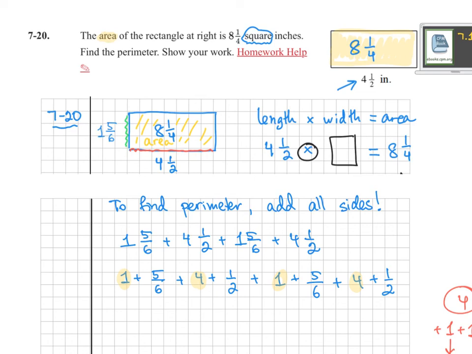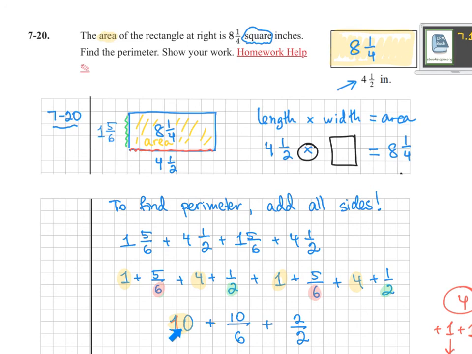And then we have to really look at the portions, and we need to have like denominators. Right now we do not. So maybe we should not highlight them differently. So to finish this problem, we really need to add all those numbers together. So after adding my whole numbers, I color coded them.